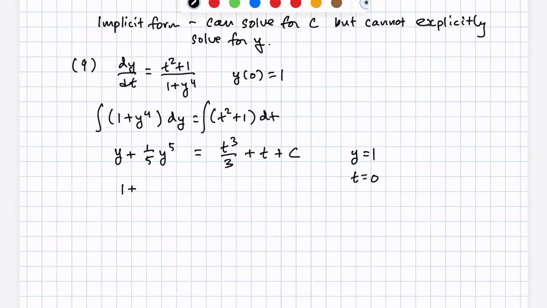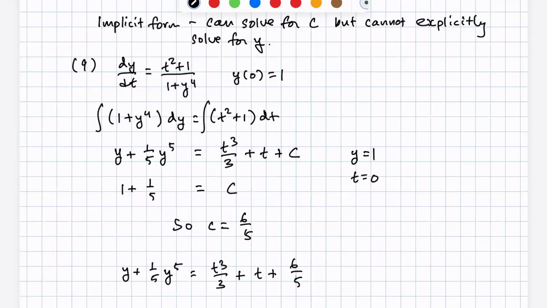So I get 1 plus 1/5 equals c, so c is equal to 6 over 5. And therefore, going back up, I have y plus 1/5 y to the fifth equals t cubed over 3 plus t plus 6 over 5.